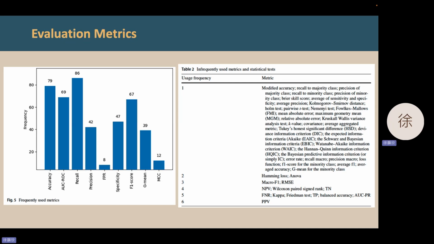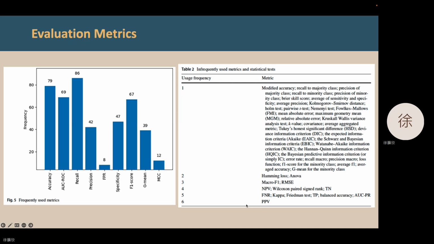You can see the different metric names on Figure 5, such as AUC, ROC, recall, which means sensitivity, and accuracy and F1 score and so on. The bar next to each metric represents the percentage of papers that use these metrics to evaluate their models. So you can see that recall and accuracy are among the most frequently used.